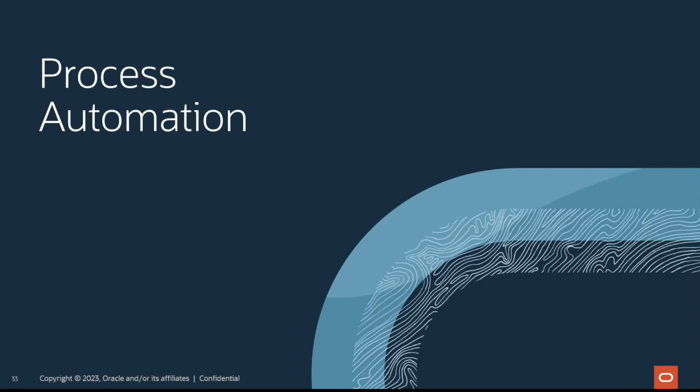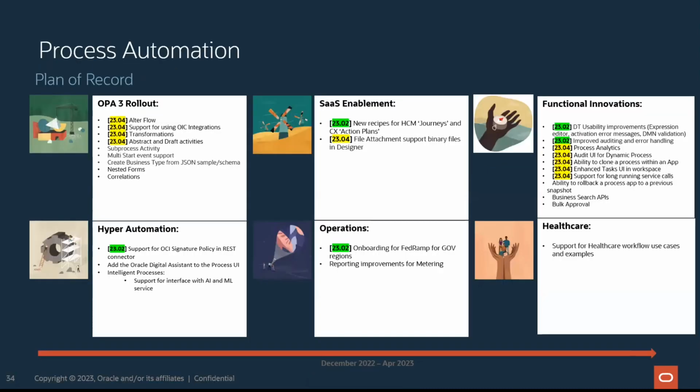But if you are starting a new project and you're net new to all of this, the combination of OPA standalone and OIC is very valid. And once OPA is in OIC from the June timeframe onwards, you can always import your applications from standalone OPA into OIC.